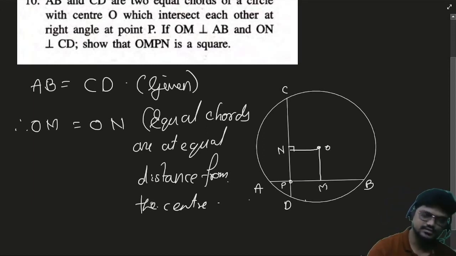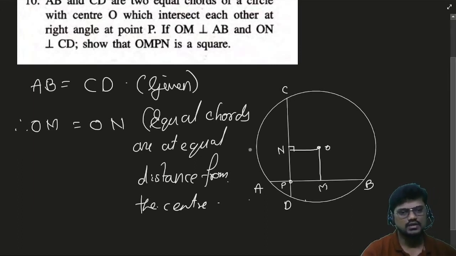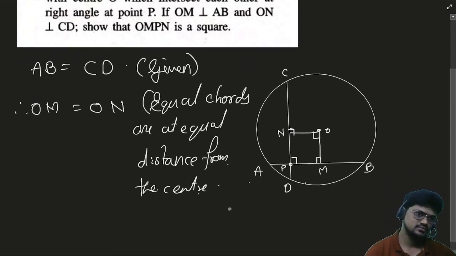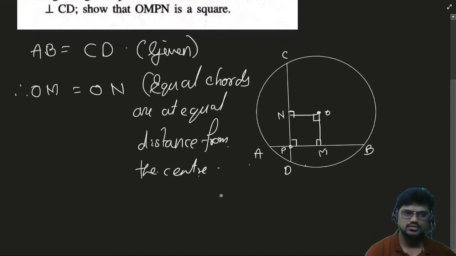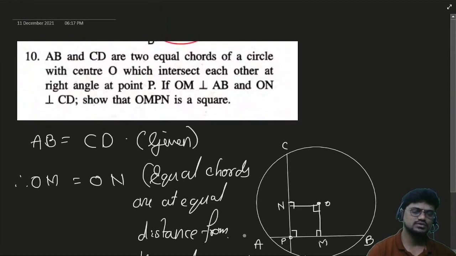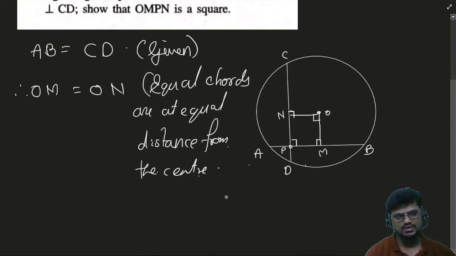Now what is the next? They have also given that the two chords meet at right angle, so this is also a right angle and this is also a right angle. So the third one also has to be a right angle. Angle OMP and the others will be 90 degrees, because they are the distance of the chord from the center of the circle.